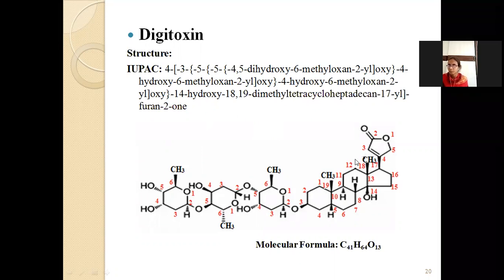If you see the structure, this is the furan. For the furan, in the second position the oxygen is there, so it is furan-2-one.